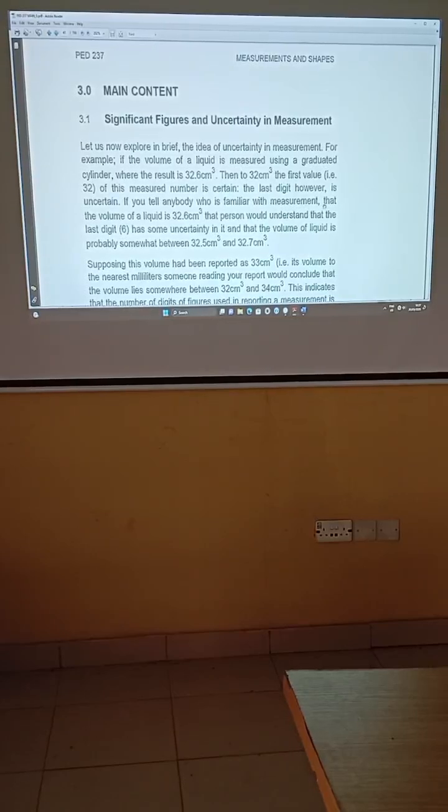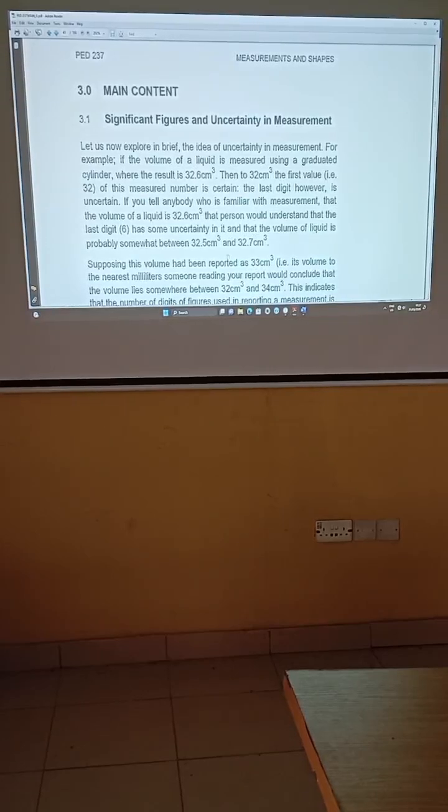The last digit, however, which is 6, is considered uncertain. If you tell anybody who is familiar with measurements that the volume of a liquid is 32.6 cm3, that person would understand that the last digit, which is 6, has some uncertainty in it.